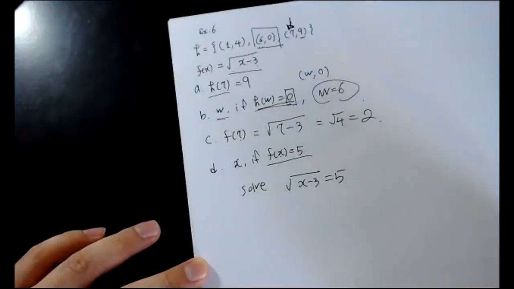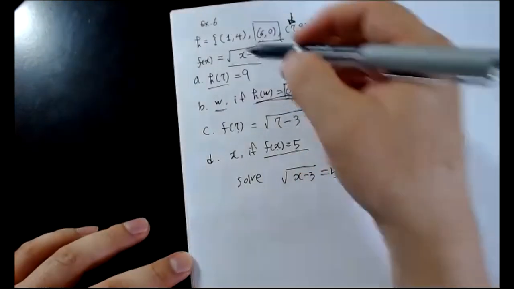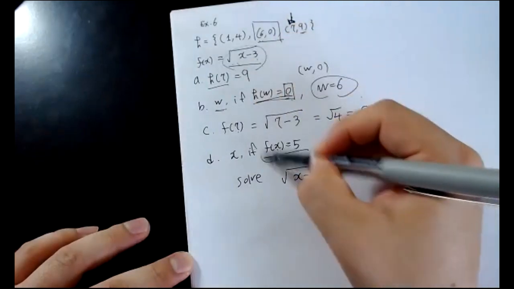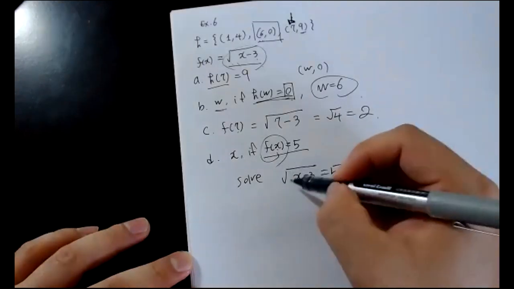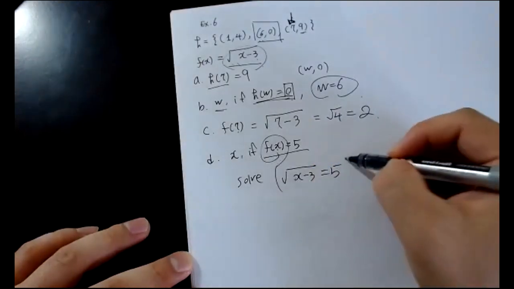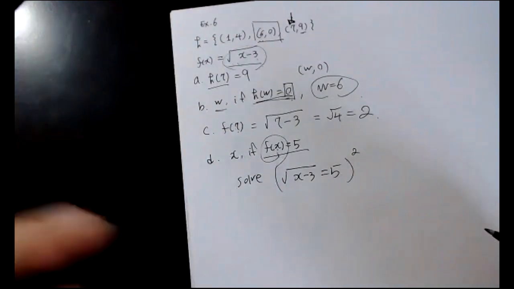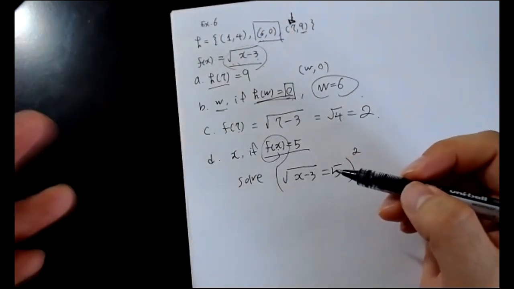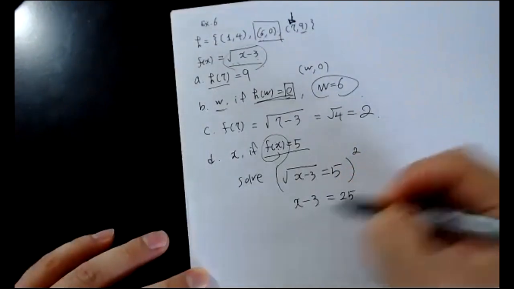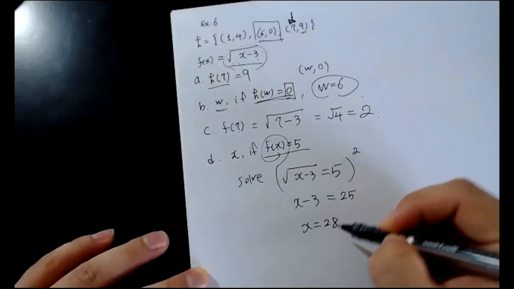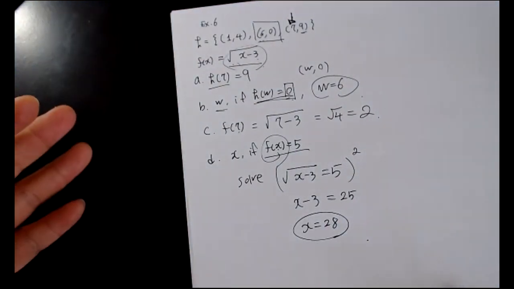We square both sides to get rid of the square root. Then x minus 3 equals 25, and x is 28. So when x equals 28, we get 5 as the y value.